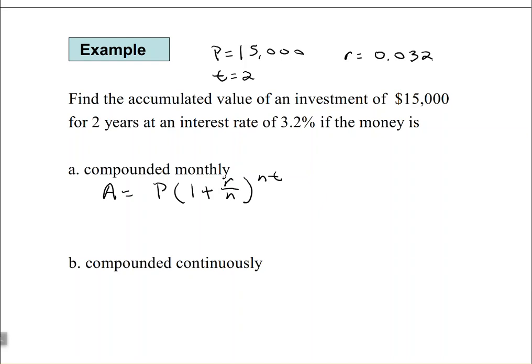From that information, we just substitute and then calculate. This calculation will be done in your calculator. So 15,000, and the number of compounding periods is monthly, so in this case n is 12.